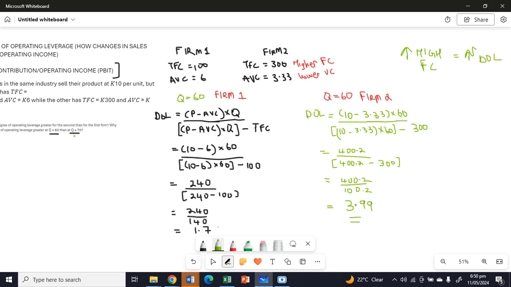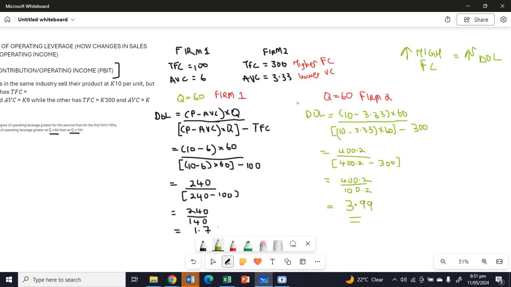Because we need to compare now when we increase the quantity from 60 to 70, and there it's going to illustrate the relationship between the degree of operating leverage and the variable costs. So for now, what I need you to remember is fixed costs and degree of operating leverage have a positive relationship, meaning if one goes up, the other goes up.